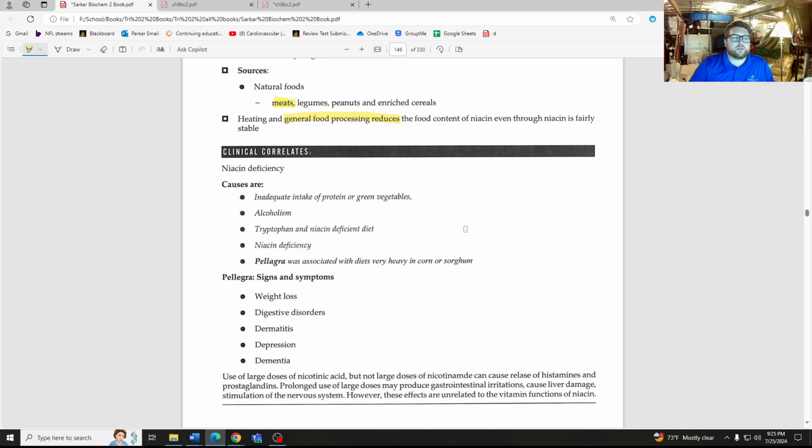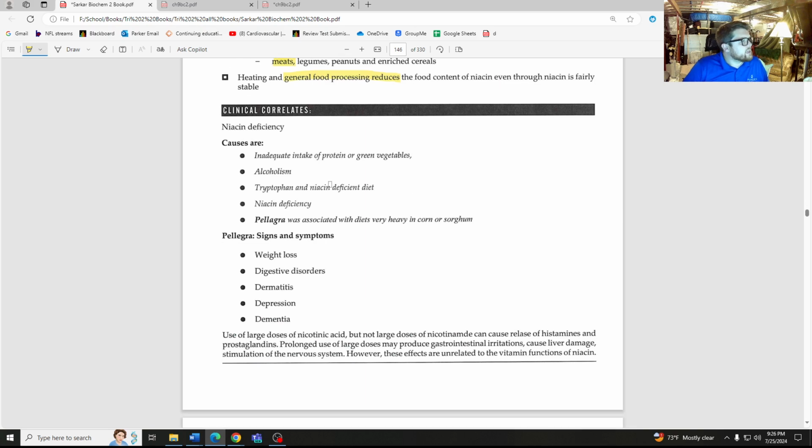Boiling tends to let a lot of the vitamins and nutrients seep out into the water. So if you're not making a soup, if you're just boiling potatoes to turn them into mashed potatoes, you tend to lose some of the vitamins and minerals.